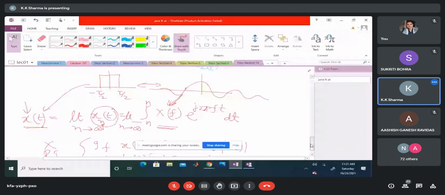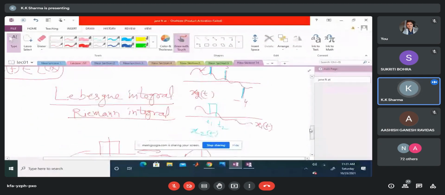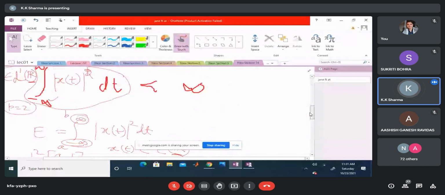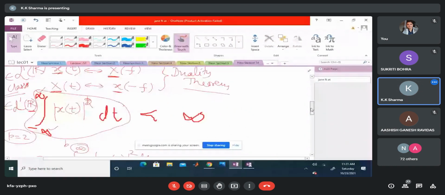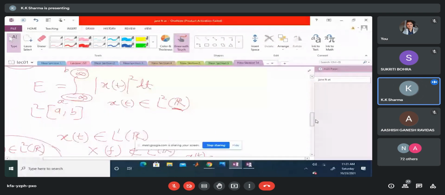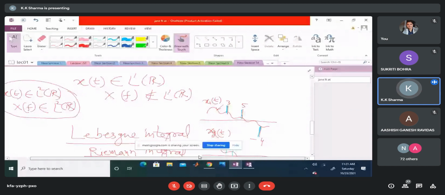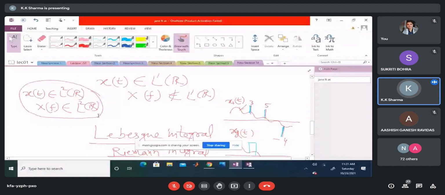And there is a perfect symmetry in the Fourier transform of a signal if you are defining it in an L2 sense. This is what I am saying. If the signal is an L2(R) signal, its Fourier transform is guaranteed to be L2(R). Such condition does not hold good in the L1 case. This is what I have written here.